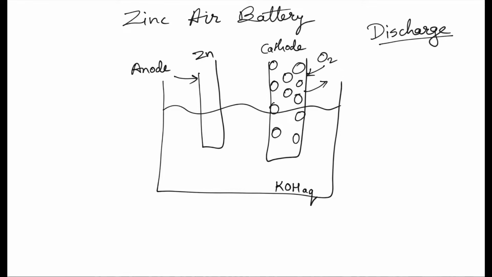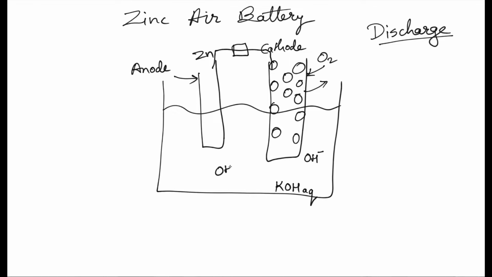Both the electrodes are connected across a load. So when oxygen is reduced at the cathode, it forms negative ions.